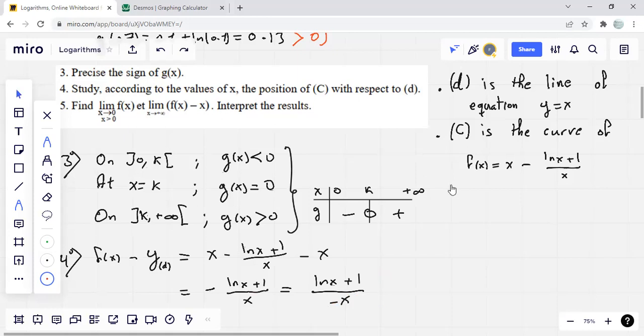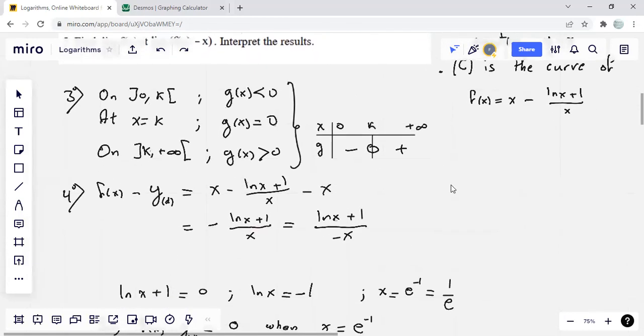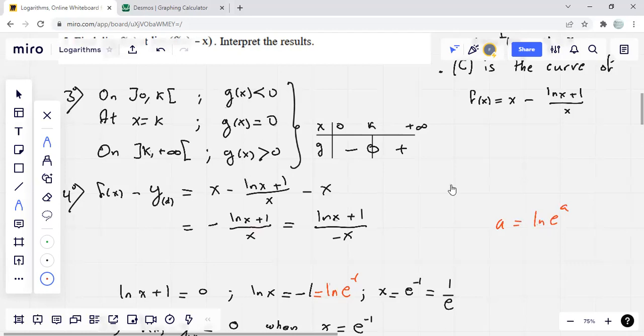Let's see first, when is ln x plus 1 equal to 0? Ln x plus 1 is equal to 0. We take plus 1 to the other side, we'll have minus 1. We know that we can write minus 1 as ln e to the power minus 1. We can do this in fact for any number: a is equal to ln e to the power a.